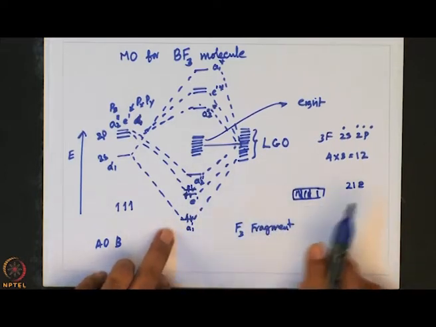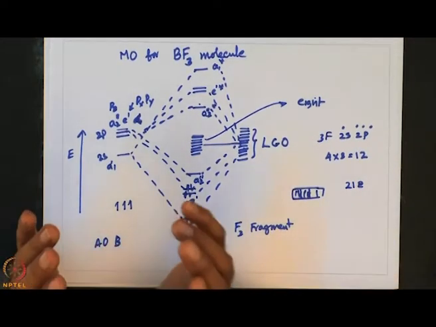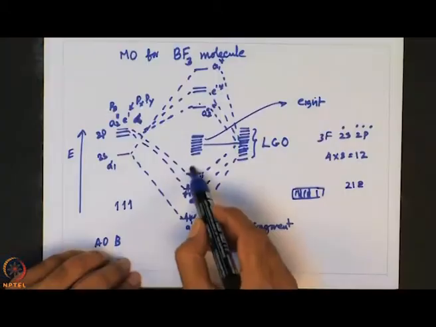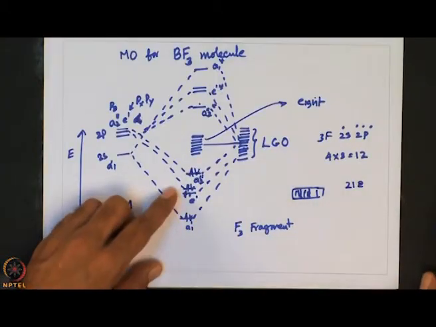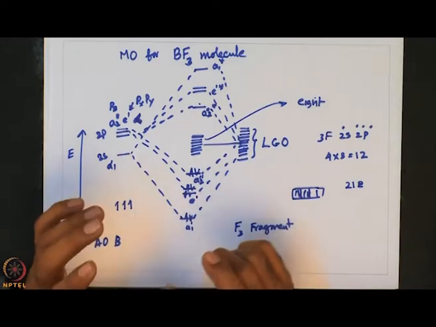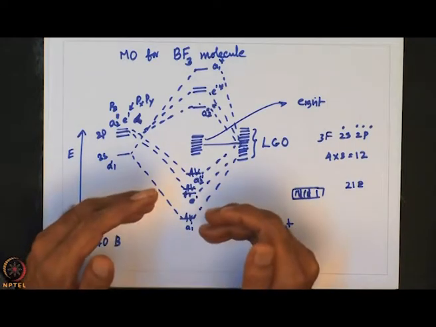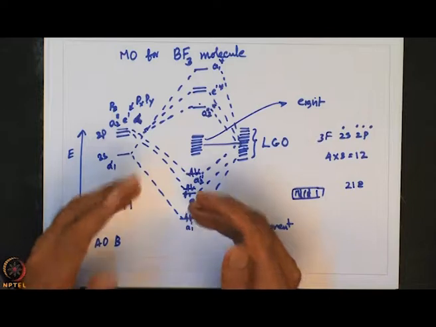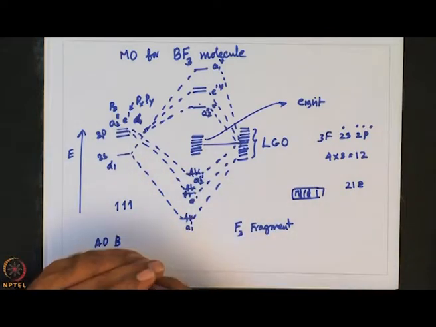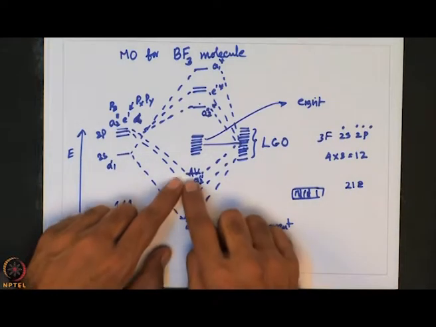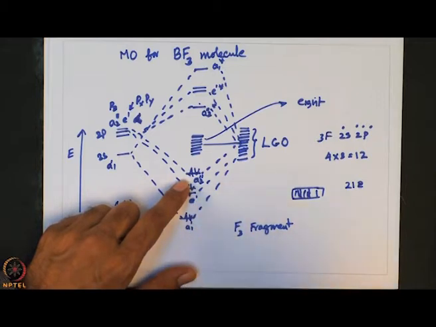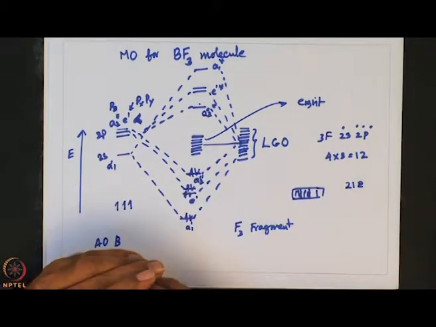Okay. So, now there is a small magnitude of pi bonding with one of the fluorine atoms. So, those 2 electrons will come here. Due to this, BF3 has 8 electrons, and it also has a pseudo octet electronic configuration. These 2 electrons are essentially coming from one of the pi orbitals of the 2px or 2py.